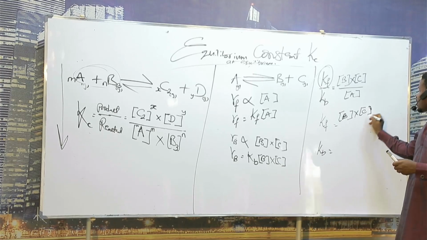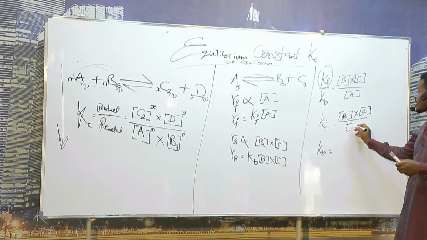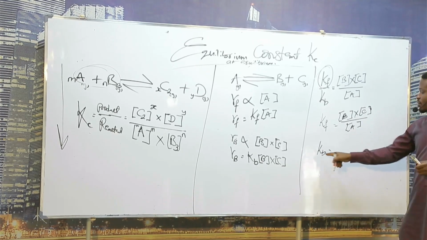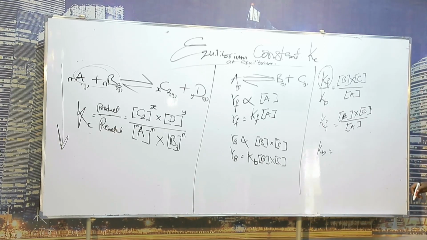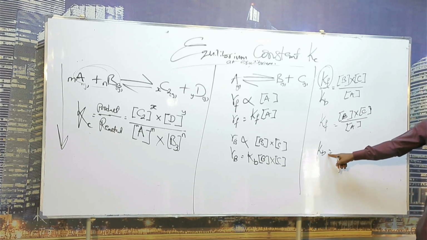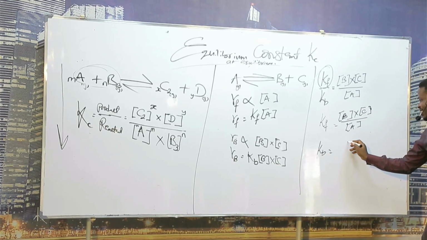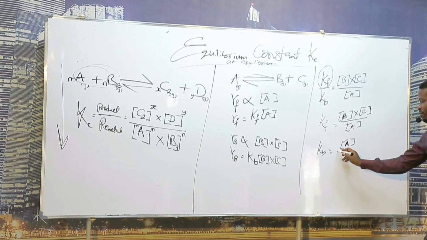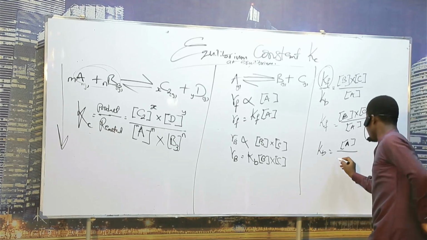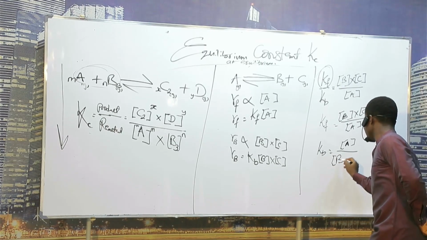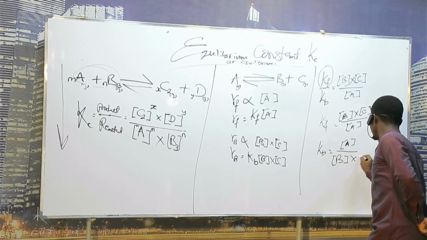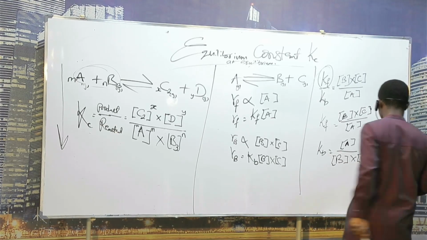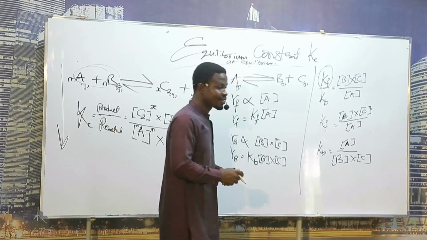C over A. That of the backward will be what? A over B times C. Is this correct? Check.